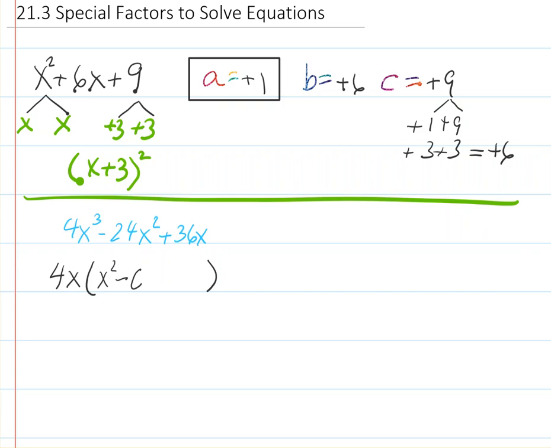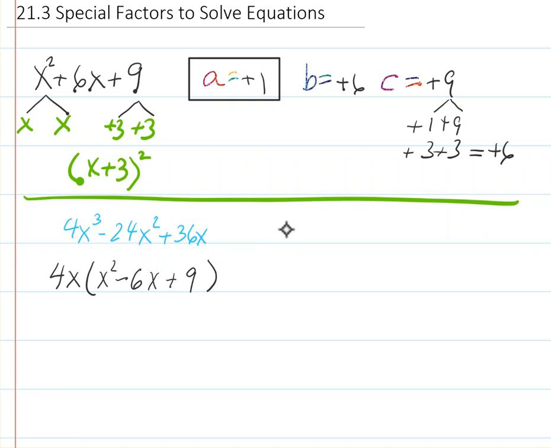I want to multiply by negative 6. And for this one, I only need 1x. Lastly, how do I get 36x if I only have 4x? Well, I multiply by 9, and it has to be a positive 9. So now at this point, I could find my A, B, C. If you'll do me a favor, go ahead and put me on pause while you try it and see if you can figure it out.